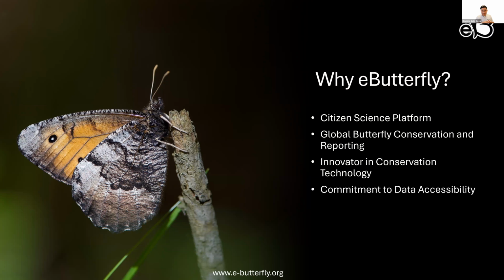This means that in the end, we are here for conservation and we cannot do it alone. So all the information that comes in, we do our best to share it back to researchers and decision makers as soon as possible, so it can be turned into conservation measures for the butterflies that we are so interested to protect.